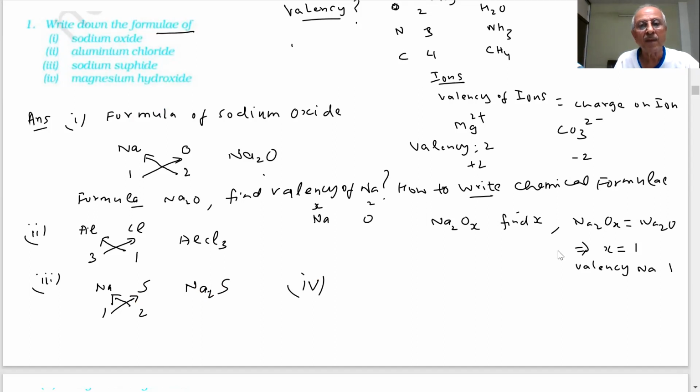Formula of magnesium hydroxide. Whatever rules we have told you, apply those rules. What is the answer coming, students?